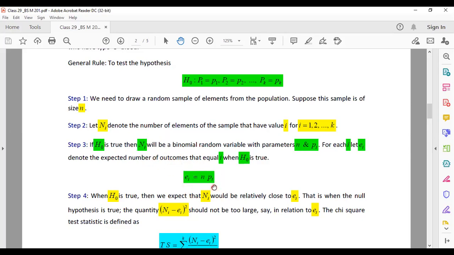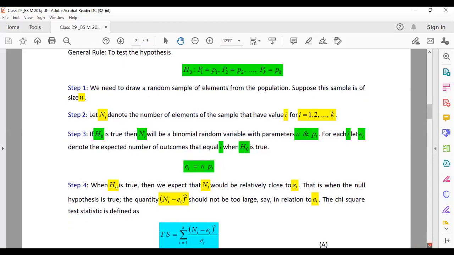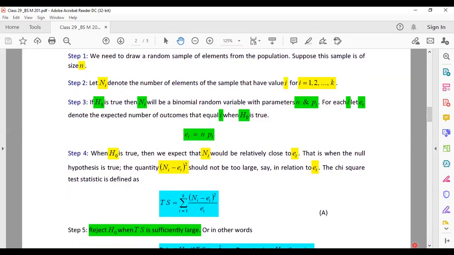So for each of these samples, first sample, second sample, third sample, we have got the observed frequency and the expected frequency. The observed frequency is denoted by capital Ni, and the expected frequency is denoted by small ei. Step number 4: after gathering all this information, we assume that the null hypothesis is true.